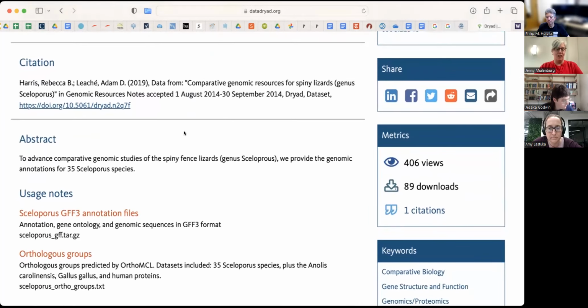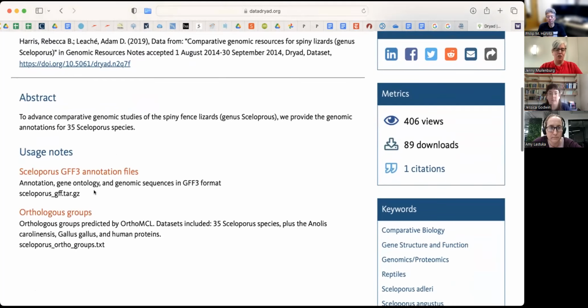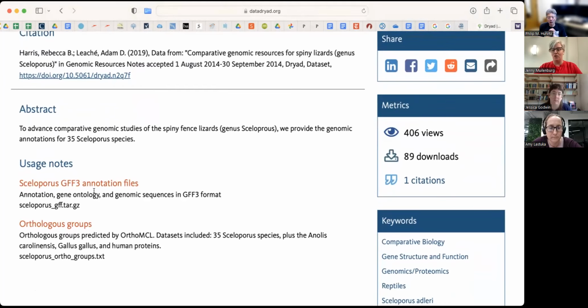The citation information under the abstract and the usage notes, this is where you could have that information I was just mentioning about, there's additional text files that we couldn't share readily, but contact so-and-so to find out more information. That's where that information could go. They do provide a little bit of metrics on the side there. So you'll see how many people have viewed.